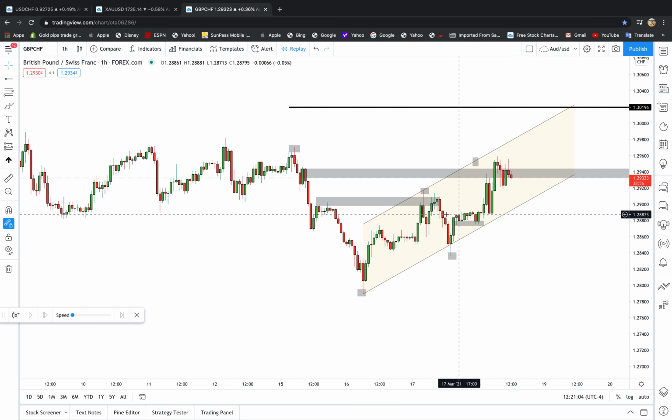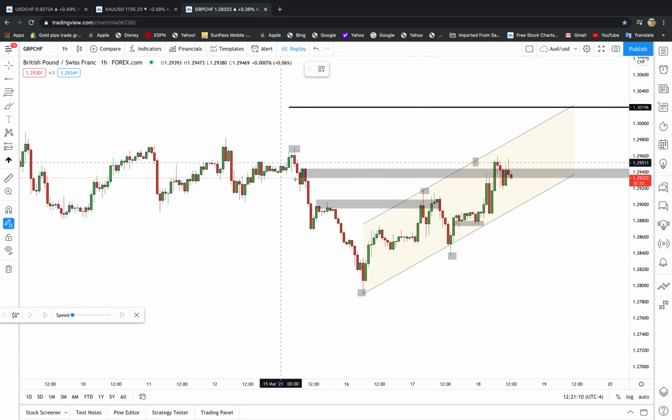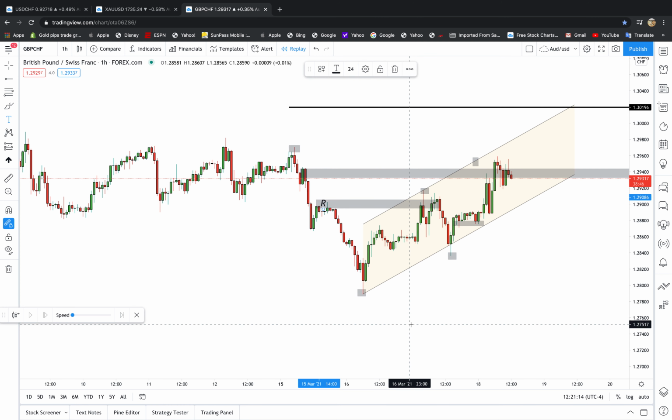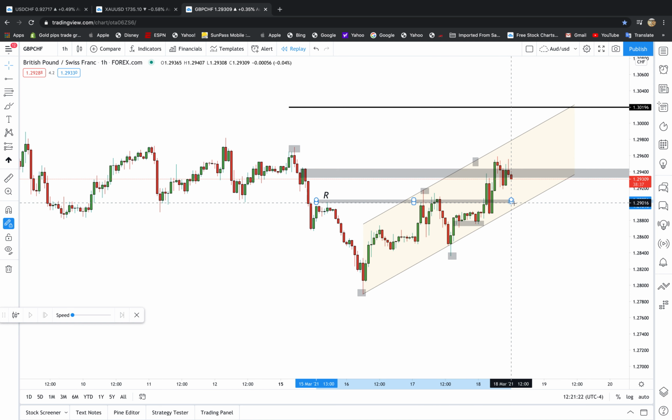So like we have here, we have a resistance here. So if this is a resistance, what do all resistances turn into on a bullish trend? They turn into supports.